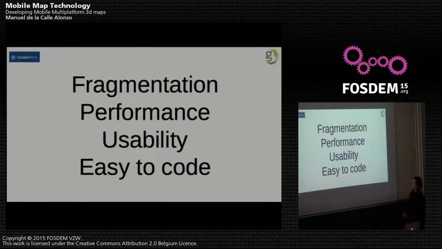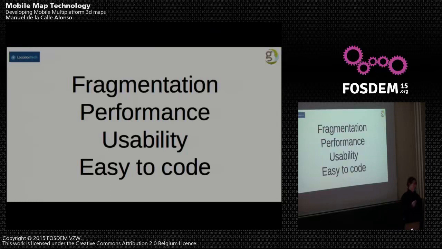This is a very big problem when you start to develop a map application. We face that. Another problem is performance. Maps, concretely 3D maps, are very high performance applications. You need to do a lot of things with the device. You need to download a lot of tiles, a lot of information, all of this in real time.